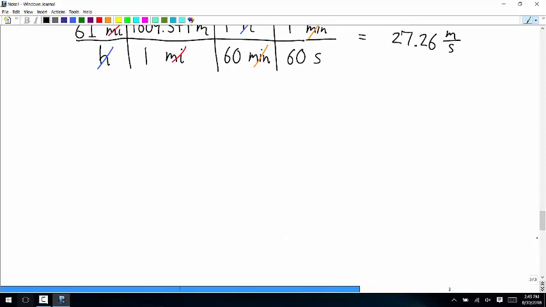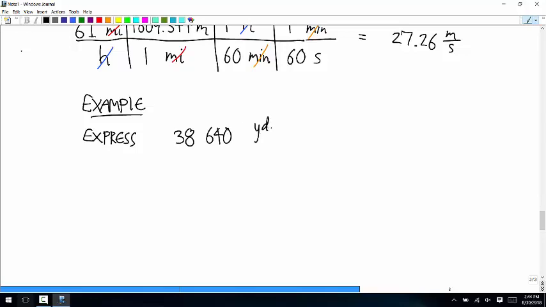Okay, and then there's one more type that you need to be ready for. So I'm going to do an example where I convert 38,640 yards per minute squared to meters per second squared.